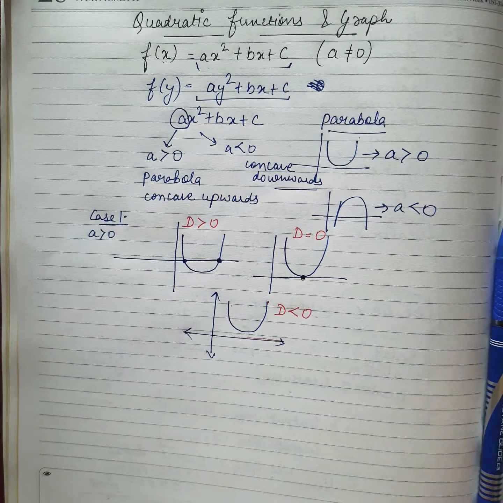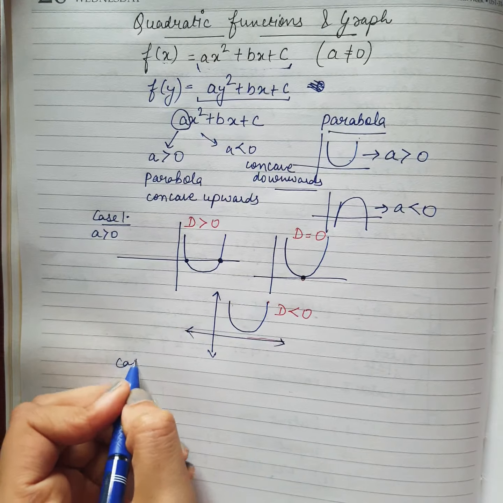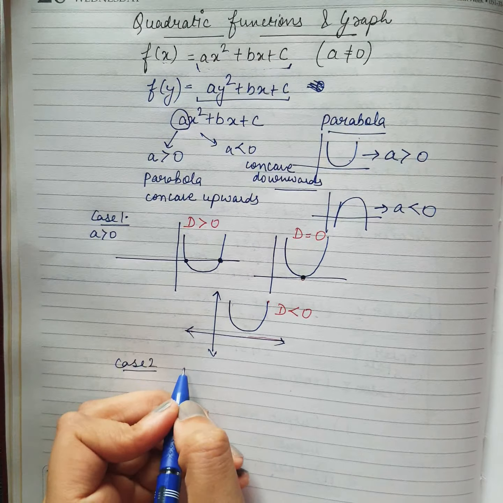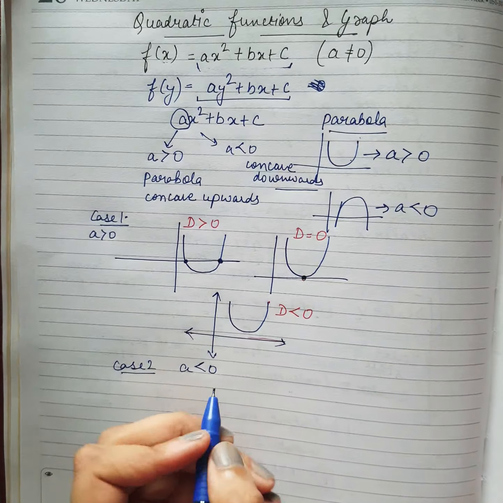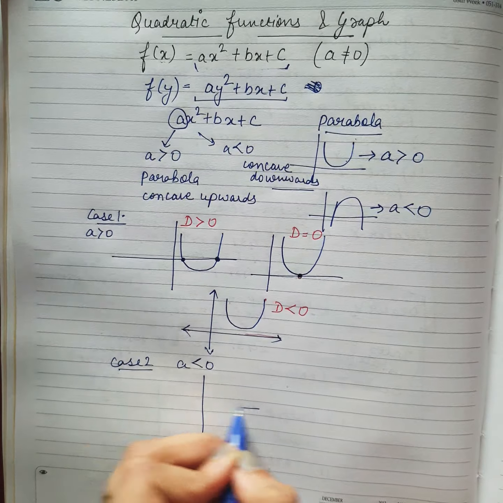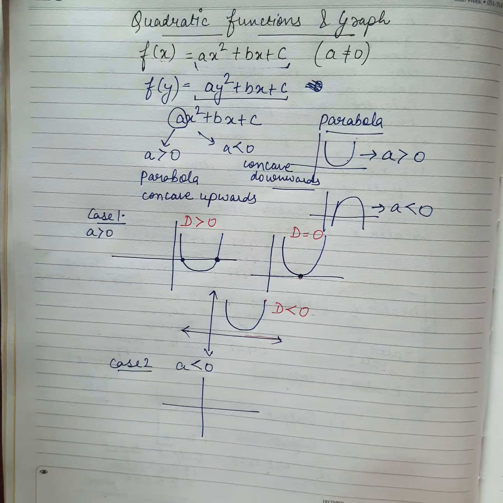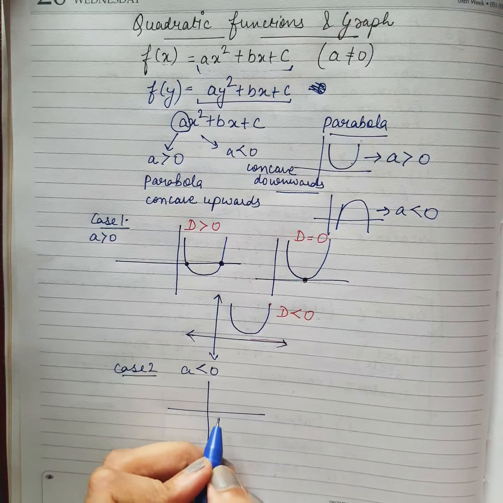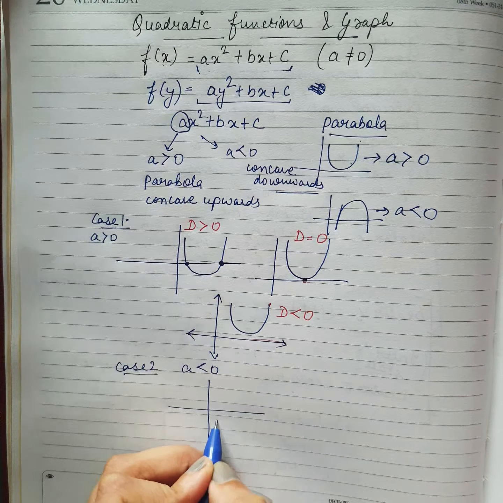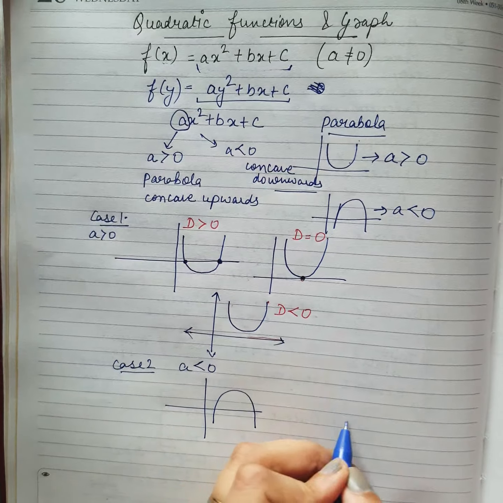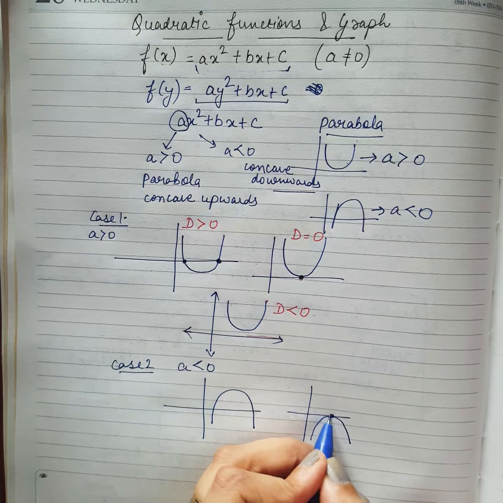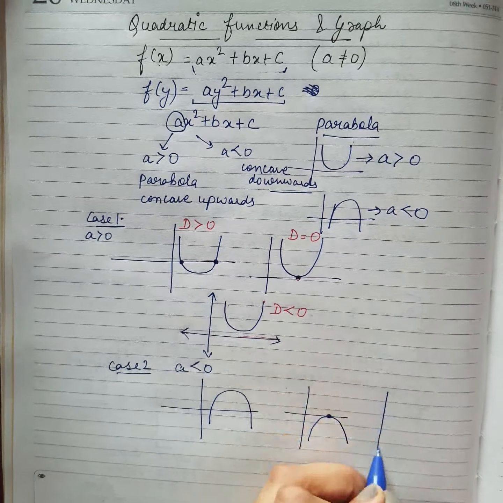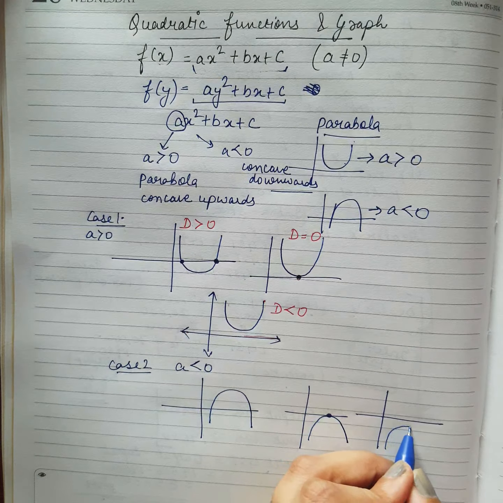Now same way, in the second case, when a is less than 0, the graph will be concave downwards. So either it will touch the x-axis 2 times, once as a tangent, and it will not touch at all.